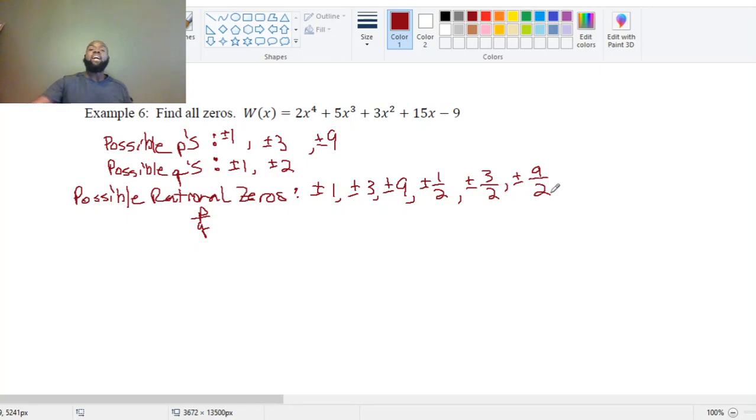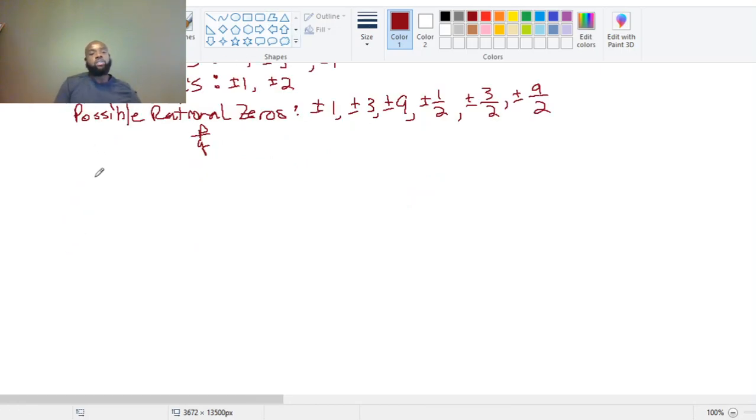And now, because I know that these are my possible zeros, and I want to find all zeros, I need to see which of these values are x-intercepts. Well, the x-intercepts are those that have the associated polynomial x minus c that divides evenly into my original polynomial.